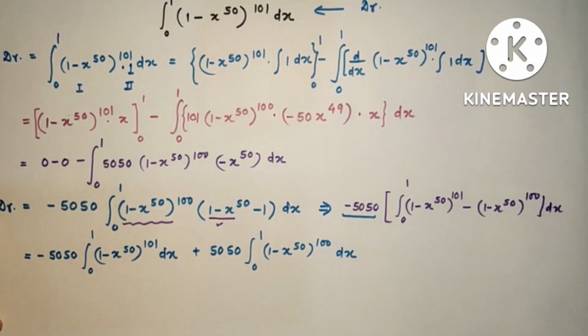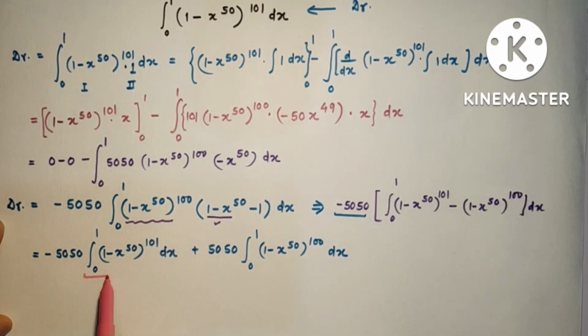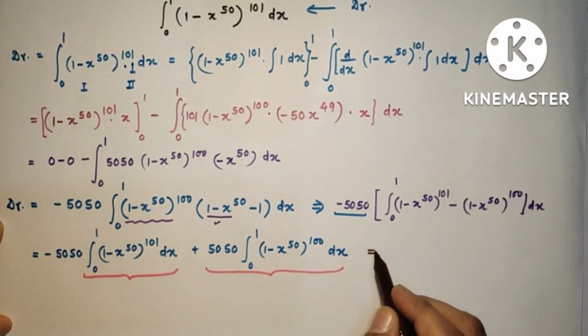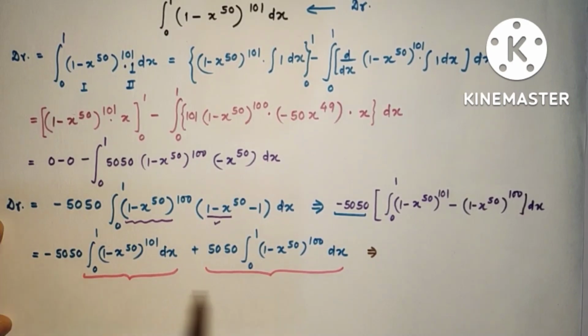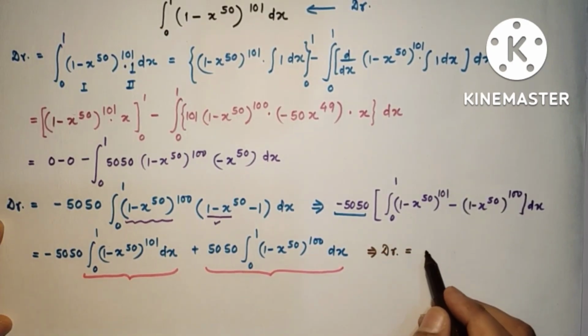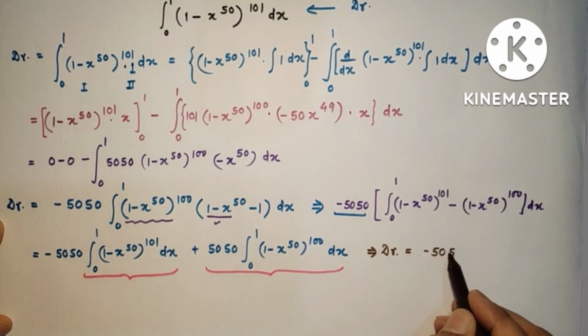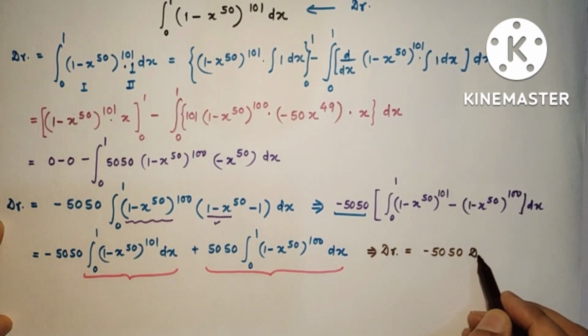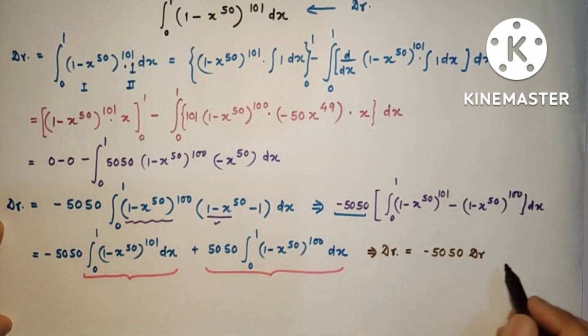Now we can see that only this part is denominator and this whole is numerator. Now we can say that this denominator is equal to minus 50, 50 into this is denominator, plus numerator.